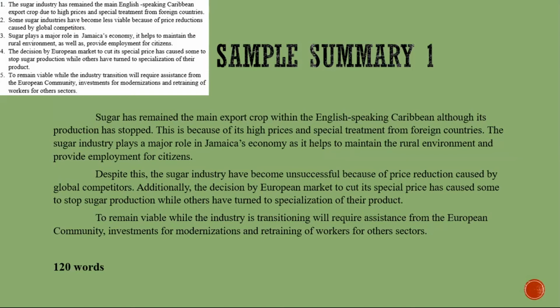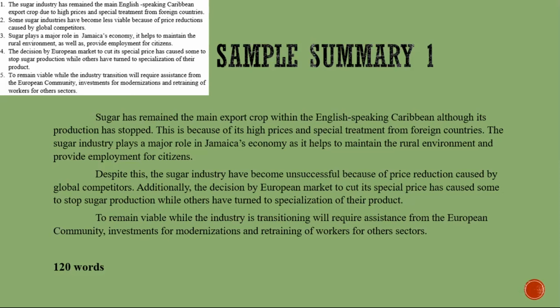And once my summary is correct, then I should automatically get full marks. Note also that the writing is at the bottom of the page. This summary has 120 words. Notice that I've used my connectives: despite this, additionally, among other words.